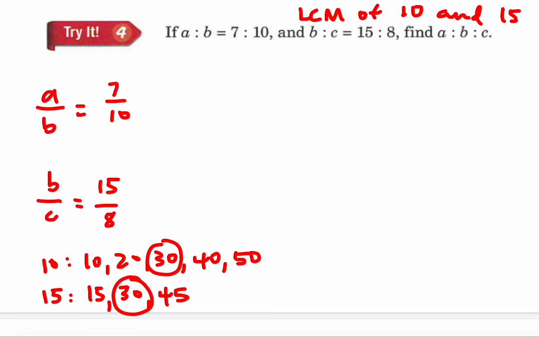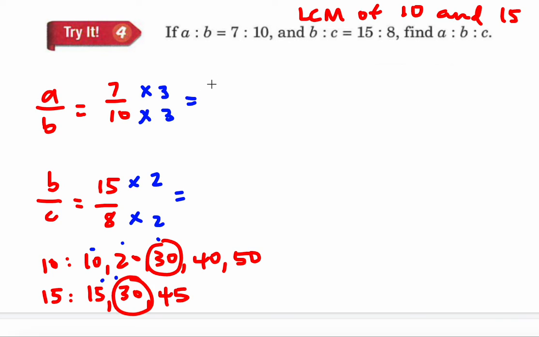So we're going to multiply 10 by a number to get to 30. 10 is going to multiply by 3 to get to 30. Same with the top, because we don't want it lopsided. 15 is going to multiply by 2 to get to 30, because it was the second multiple.